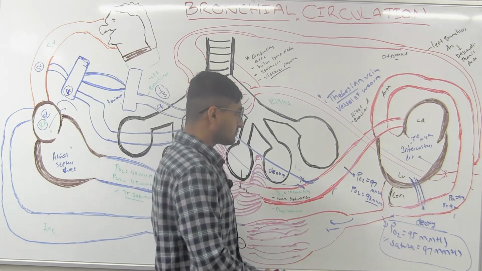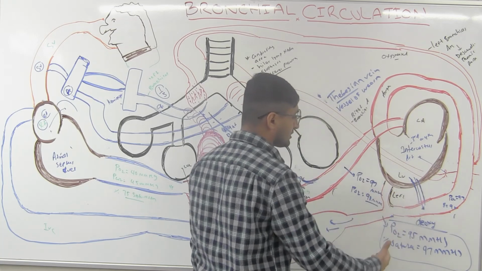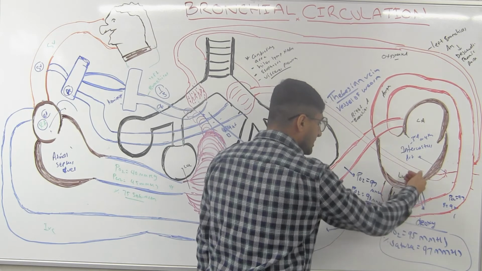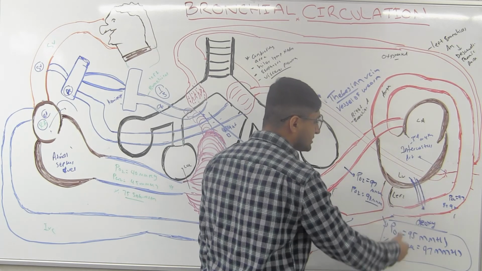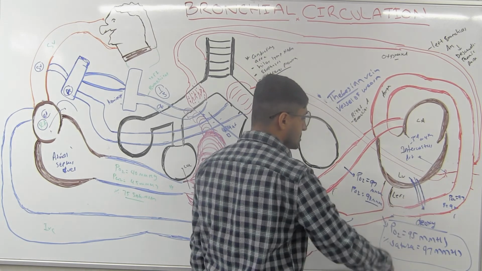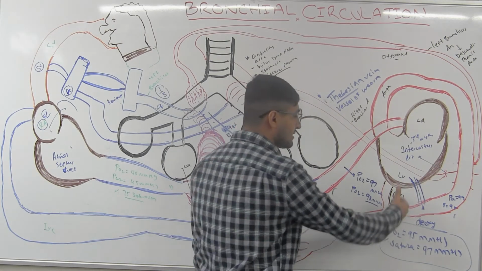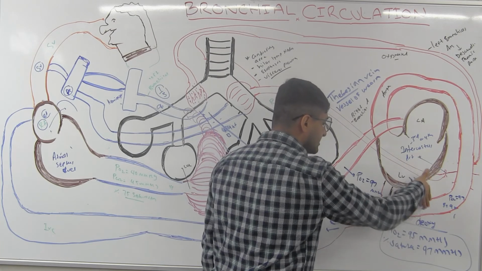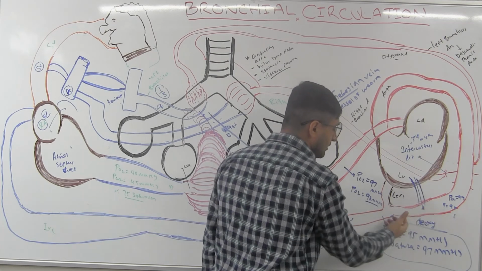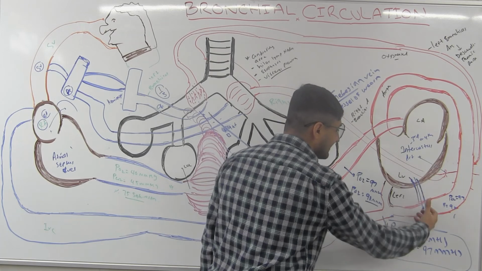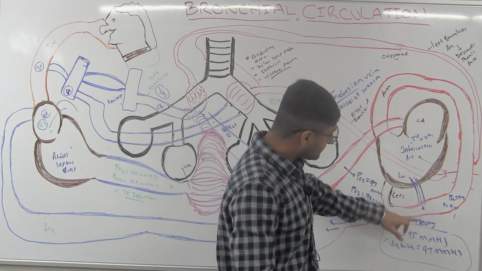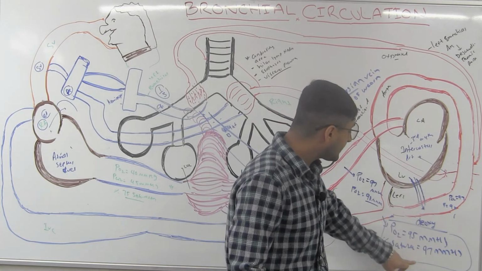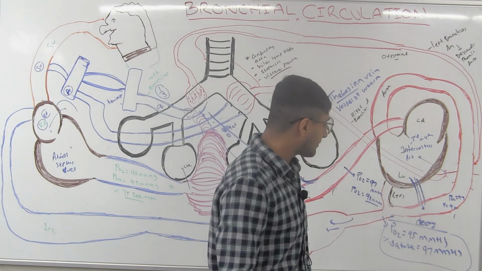Then there's also another shunting that happens when the Thebesian veins drain from your left ventricle. It drains into your arterial circulation, and that mixes the mixed venous or deoxygenated blood from your left ventricle with the oxygenated blood in the arterial circulation, and that also drops your oxygen, usually to about 95 millimeters of mercury, and the saturation level will go down to about 97.